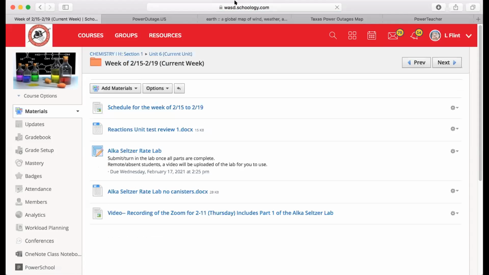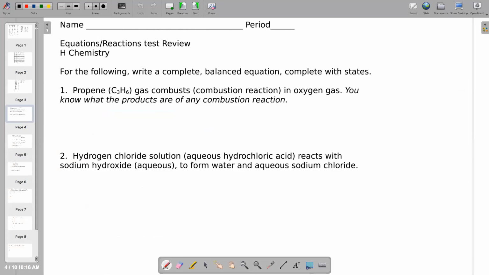Okay, so let's see. I got to switch to a different document. All right, so the first problem is a combustion reaction. Combustion reactions are always the same, where something reacts with oxygen to make usually CO2 and H2O. So this is propene.